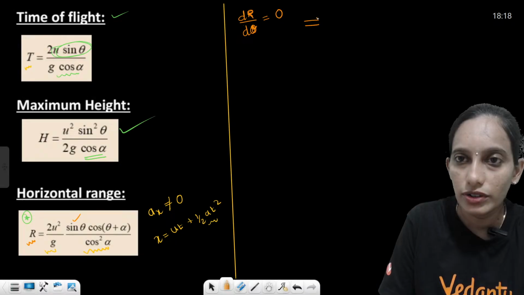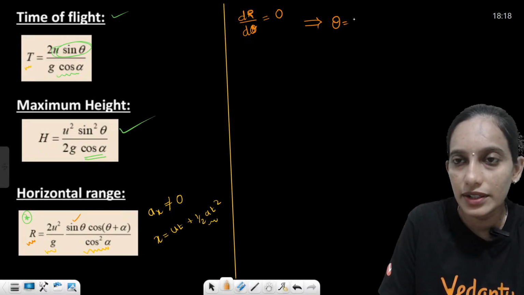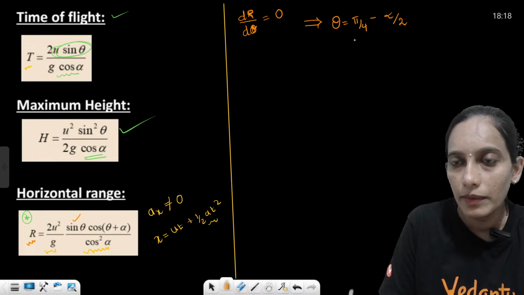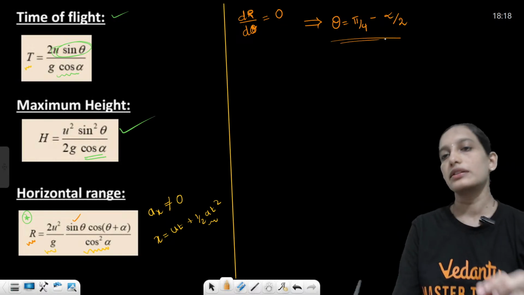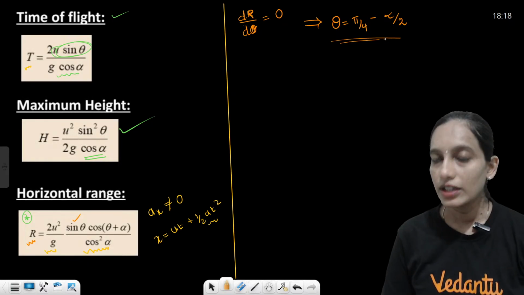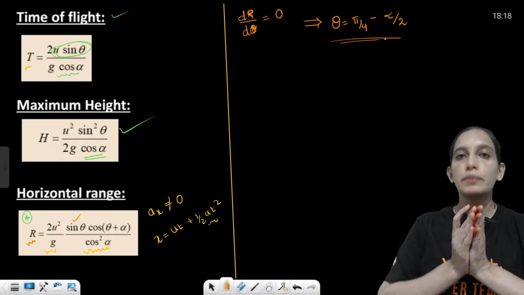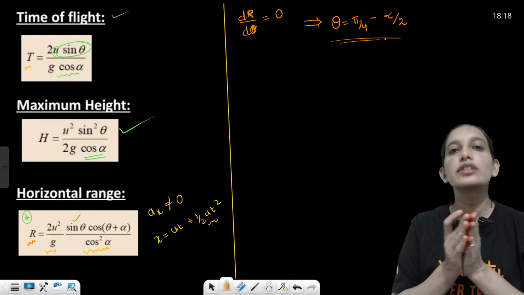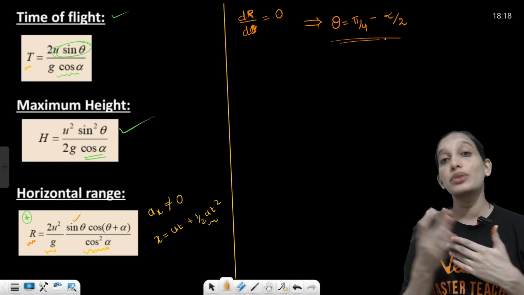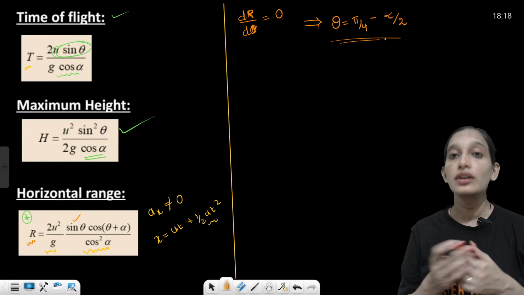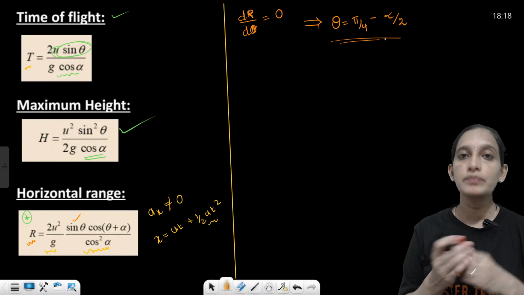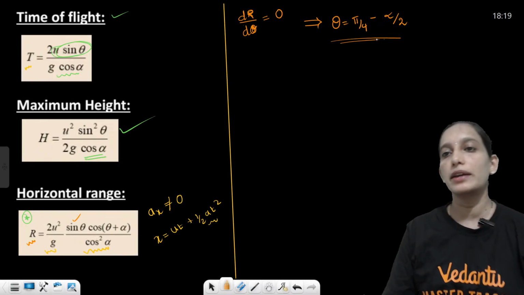Okay, so what comes? Theta is equals to pi by 4 minus alpha by 2. So if you can recall with our previous, the normal projectile motion, there the range was maximum for 45 degree or pi by 4, right?